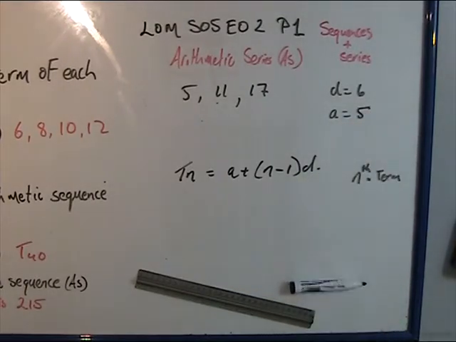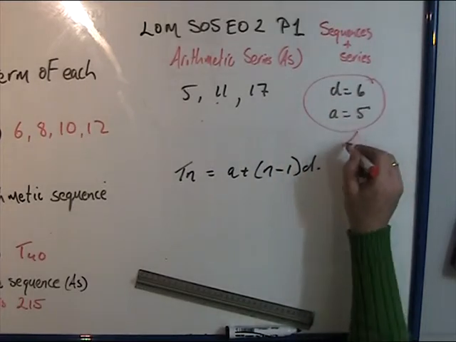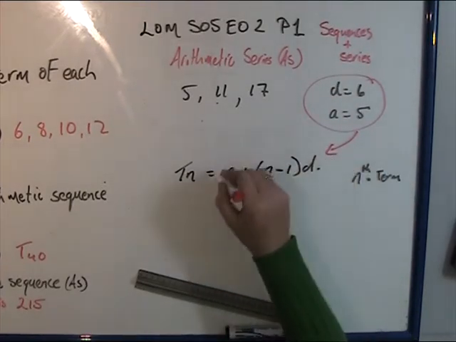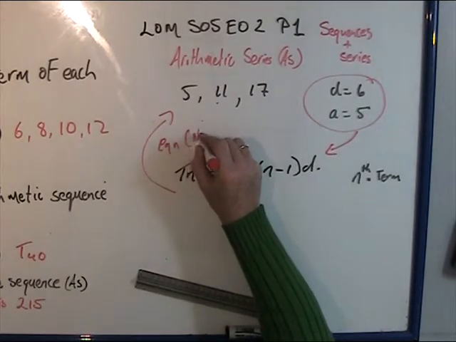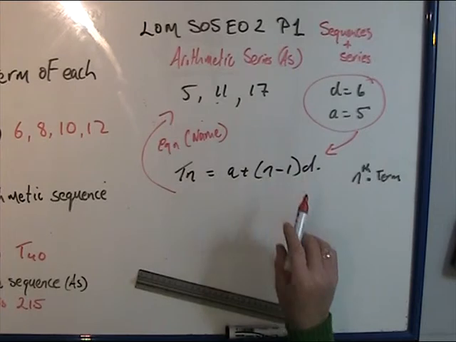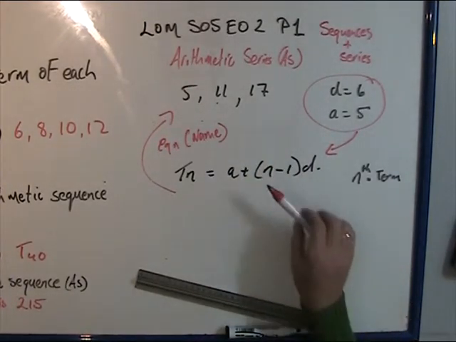Now I can use these values and put them in the formula, and I can give an equation that will give this series a kind of a name. In other words, if a term satisfies this equation, it's on that series.